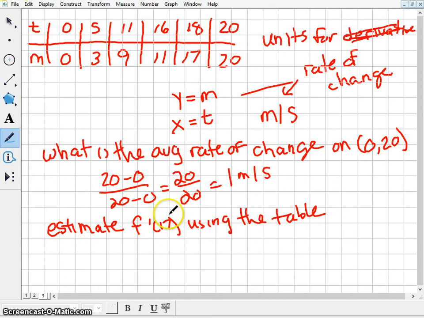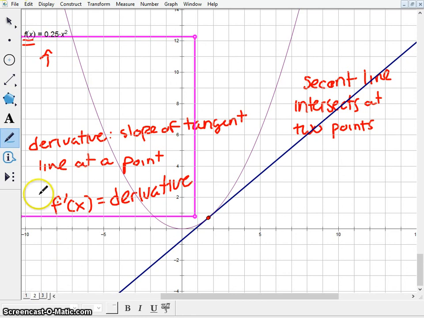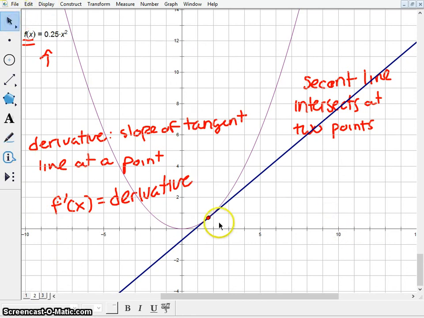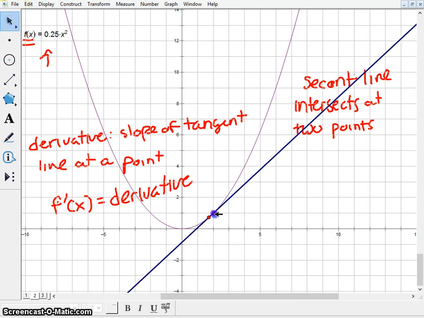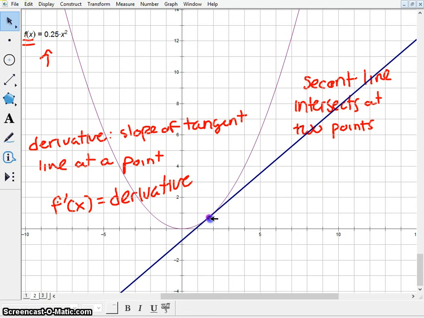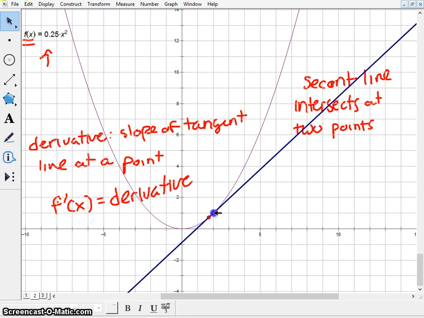But right now, we don't know how to find a derivative. But we know that the derivative, if we go back here, is just the slope of the tangent line. So that slope. And we know we can estimate that slope by using a secant line that's really close to it, so using that slope.